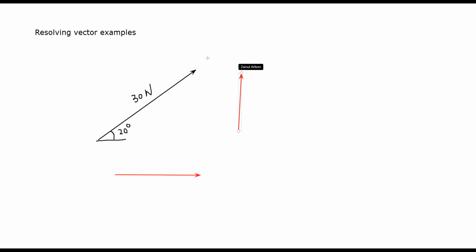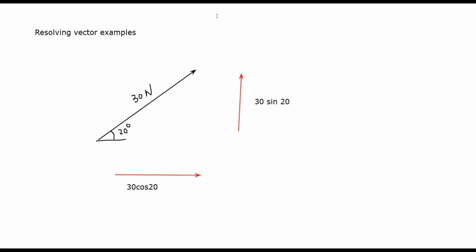So how can I find the horizontal component? What will be the horizontal component here? The horizontal component will be 30 cos 20. And what about the vertical component? The vertical component will be 30 sin 20.